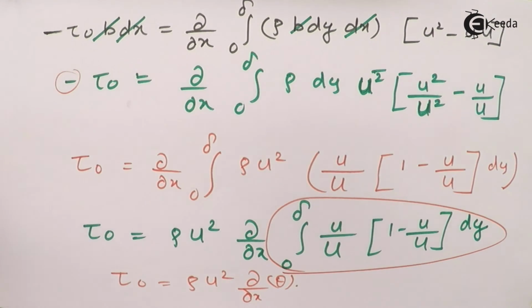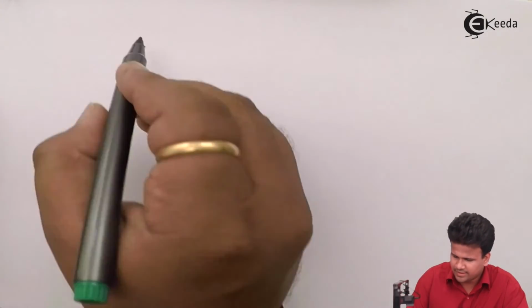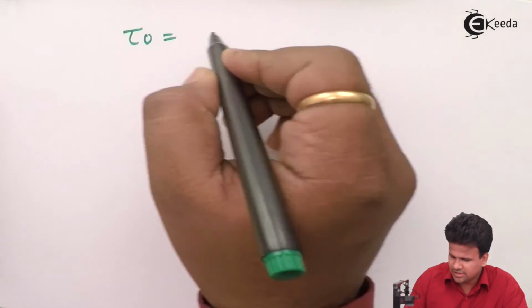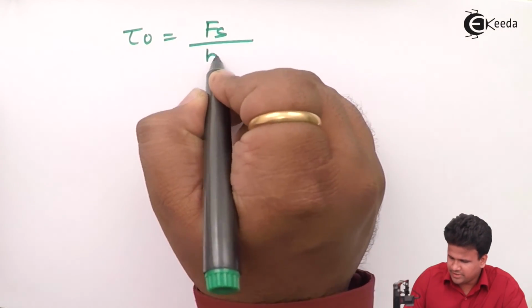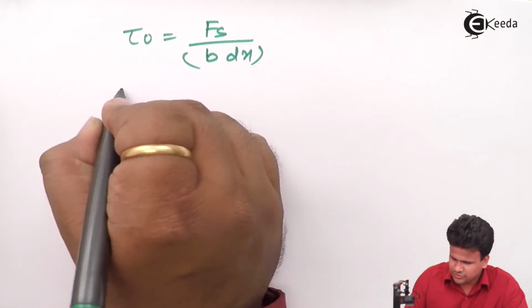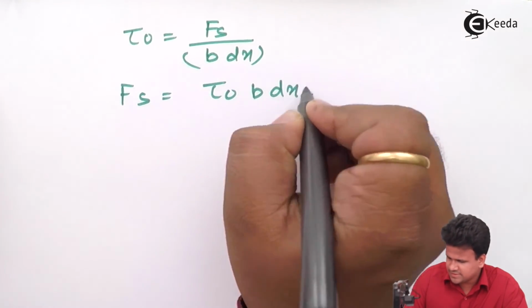Now this shear stress, which we have represented as tau 0 or shear stress, can also be represented in terms of shear force. The shear force can be written as, tau is equal to shear force upon b into dx. So the shear force will be tau b dx.